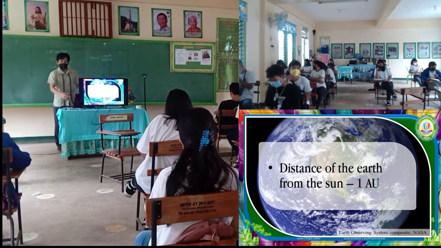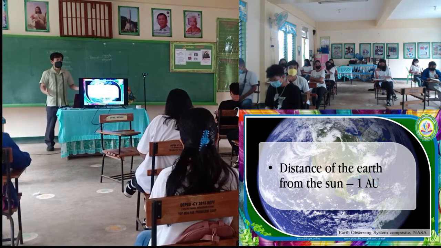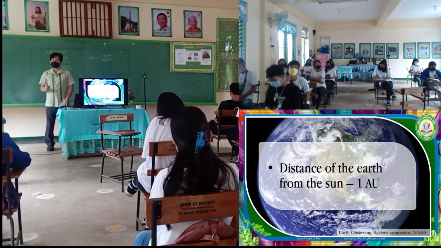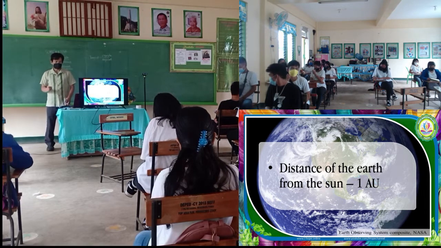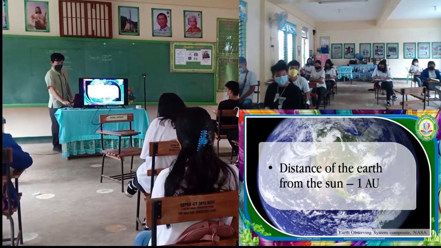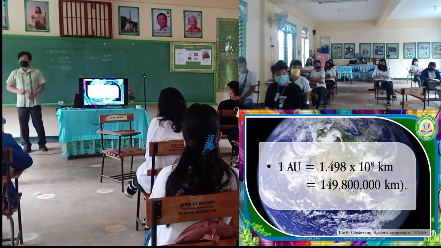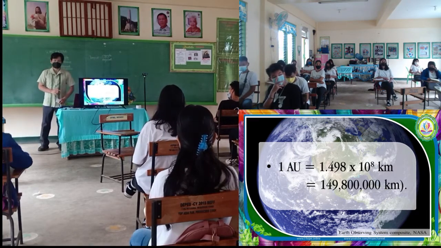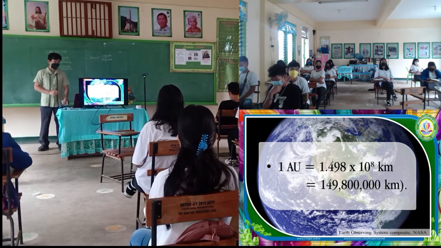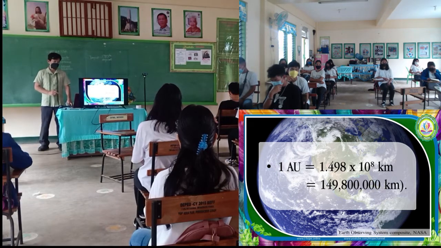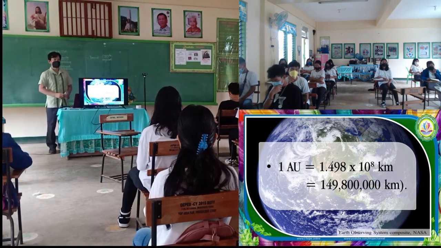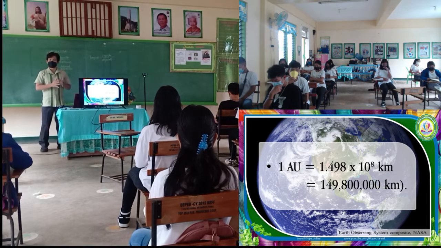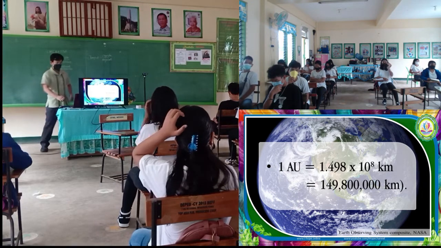And how far is 1 astronomical unit in kilometers? In kilometers, 1 astronomical unit is equivalent to 149,800,000 kilometers. That is the distance of the Earth from the Sun.